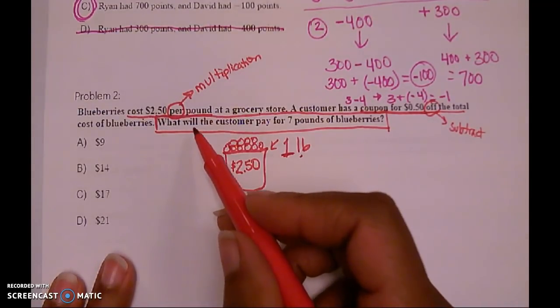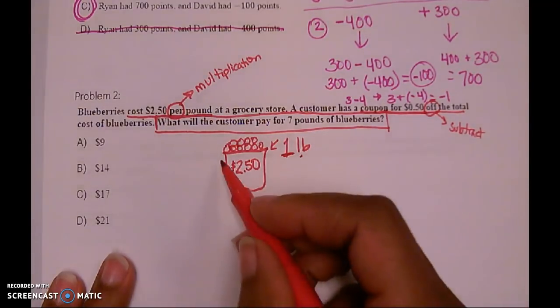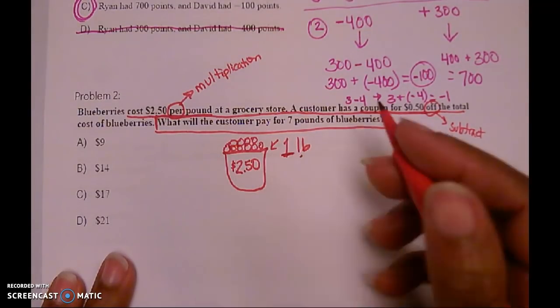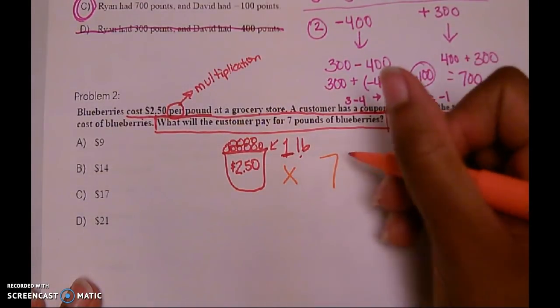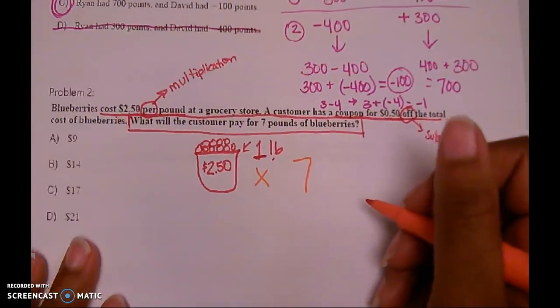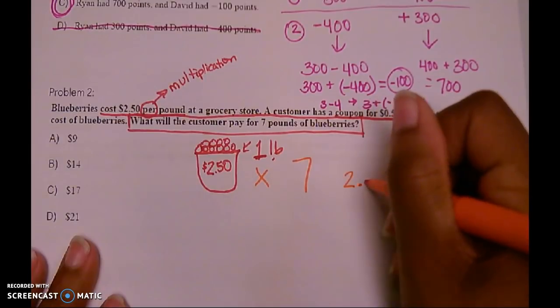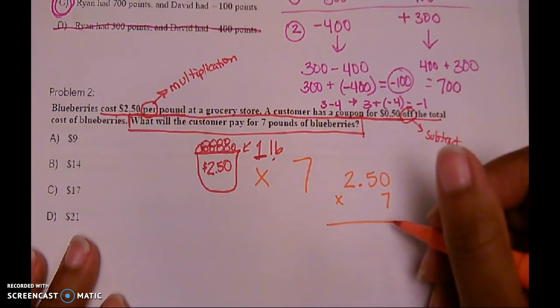The final question says, what will the customer pay for 7 pounds of blueberries? Okay? So if this is the amount for 1 pound, then I need to multiply this. I'm going to use another marker. I need to multiply this by 7. Okay? Because I want 7 pounds of blueberries. So that means I'm going to come to the side. I'm going to say 250 times 7. Okay?